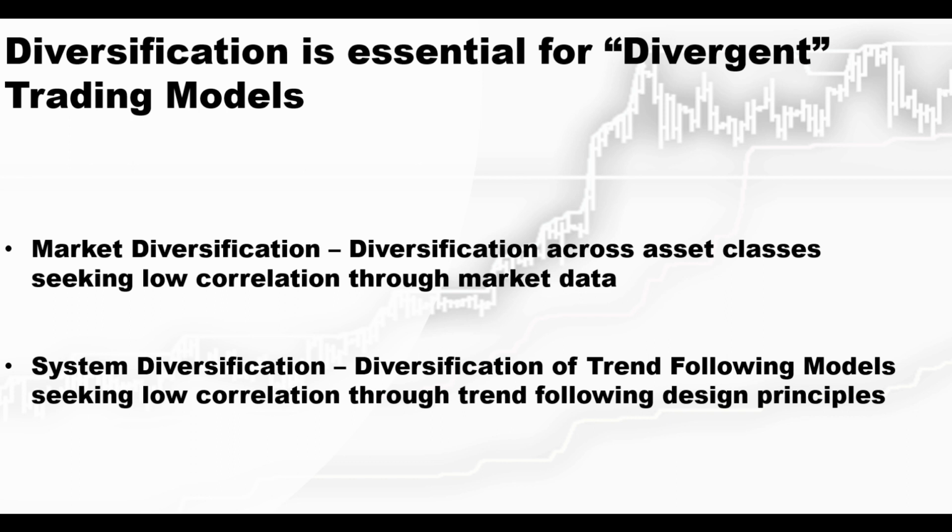Convergent models, unlike their divergent cousins, benefit from concentrated as opposed to diversified methods. So, in our divergent models, diversification is a method we adopt to provide capital preservation benefits while waiting for the unpredictable trending anomaly to come our way.